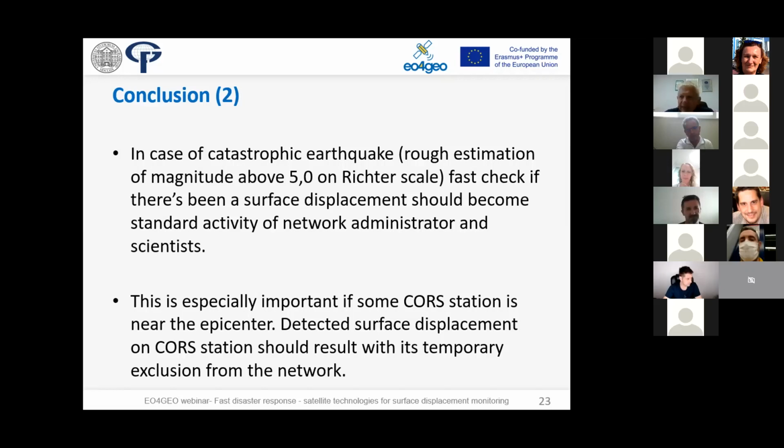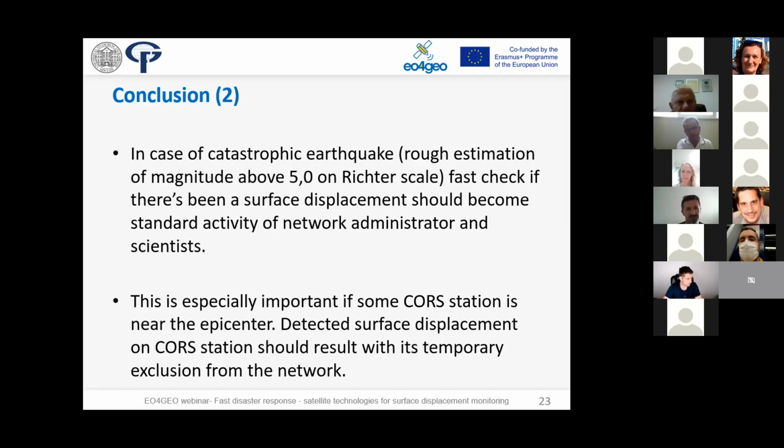Again, I must say, it sounds bad. Each catastrophic earthquake is something really terrible. But considering science, it's an opportunity.